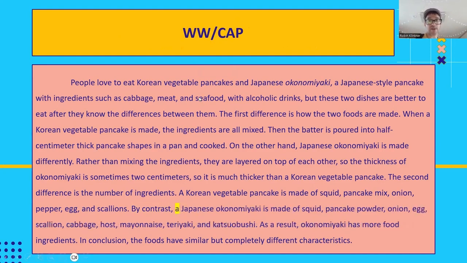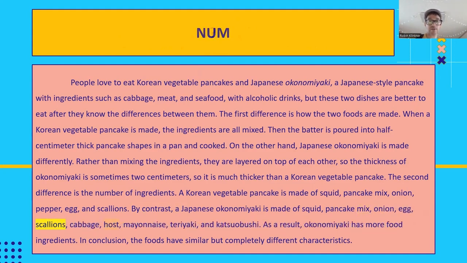A Japanese okonomiyaki is made of squid. Once again, pancake mix, onion, egg, scallions, cabbage. I have no idea what that means. I think I looked it up before, actually, after doing this activity.